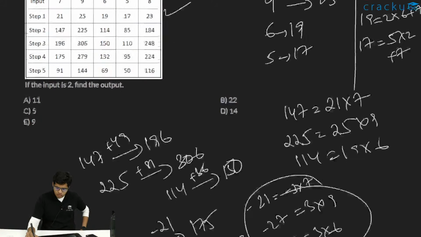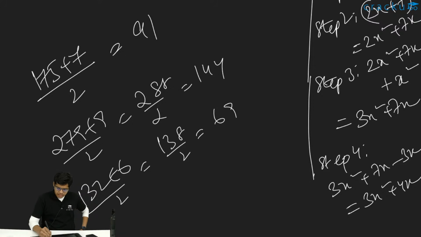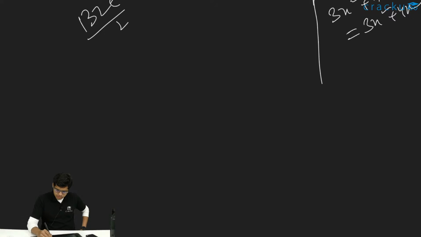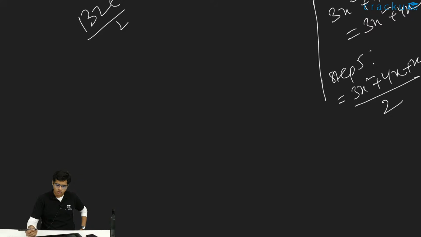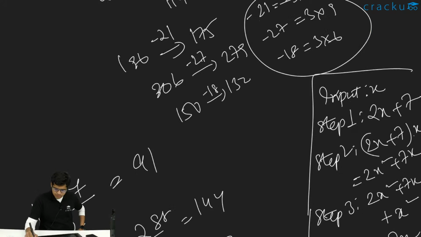Then 132 plus 6 is 138, by 2 is 69. So step 5 is 3x square plus 4x, you add the input and divide the whole by 2. So it is 3x square plus 5x by 2. This is step 5. So we are done with all the steps, guys.